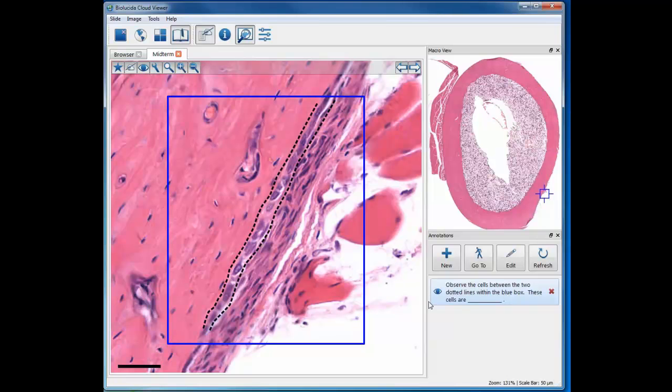And the question said, observe the cells between the two dotted lines, and you're asked to identify these. There's clues enough here because you have the bone here, and you have the fibrous portion of the periosteum here, and then these are osteoblasts. And so the answers we wanted were osteoblast or osteoblasts.